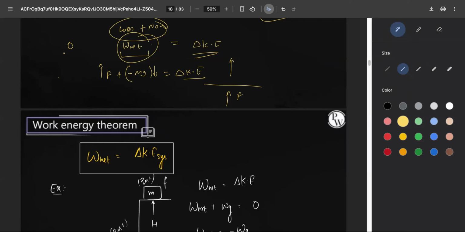In general, we also know that this mg is a conservative force. Understood? Generally, these conservative forces help in storing energy as potential energy. Understood?